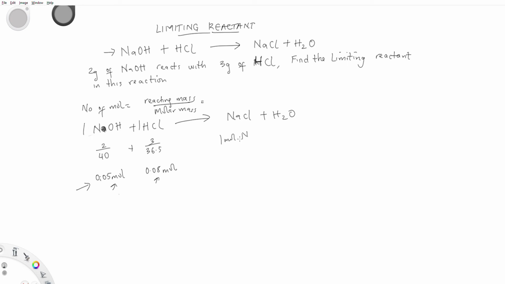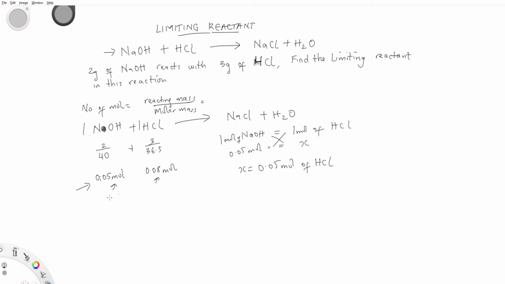So we can say 1 mole of sodium hydroxide will always react with 1 mole of HCl. So 0.05 mole of sodium hydroxide should give how many moles of HCl? At the end of the day it becomes 0.05 mole of HCl.